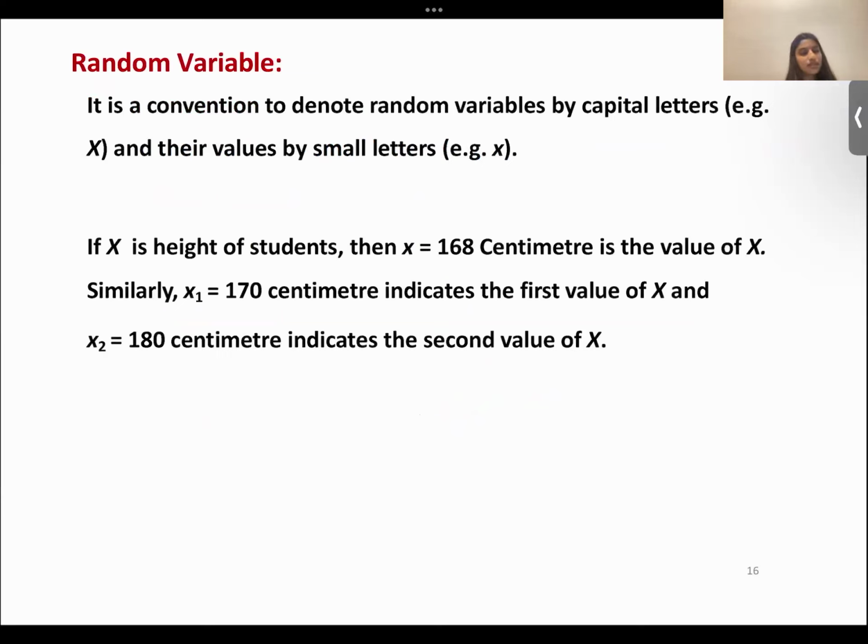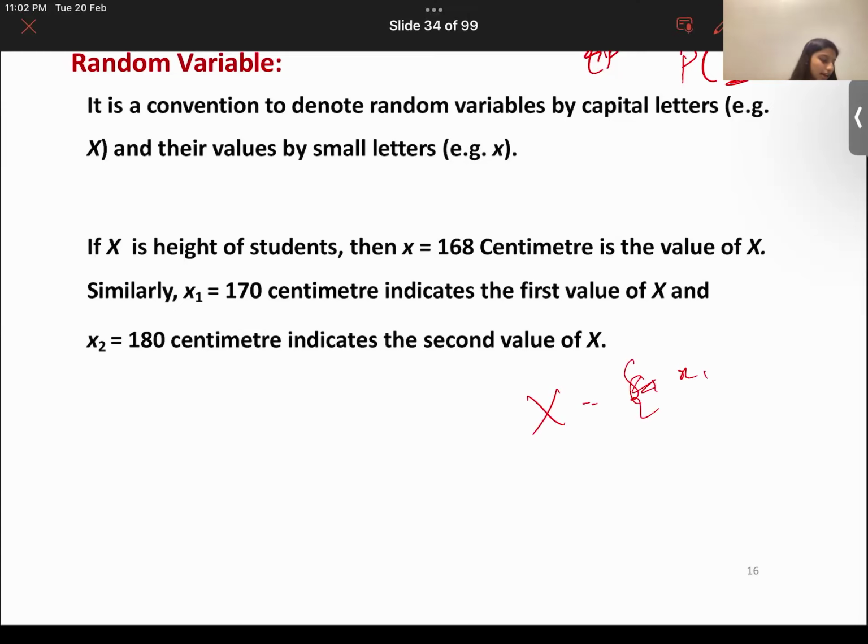So by convention, a random variable is denoted by capital X, and all the outcomes within the random variable are denoted by small x, x1, x2. For example, you're calculating the height of students in a class.